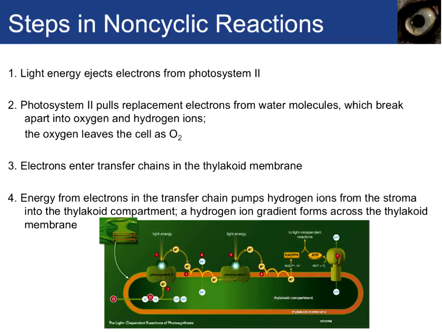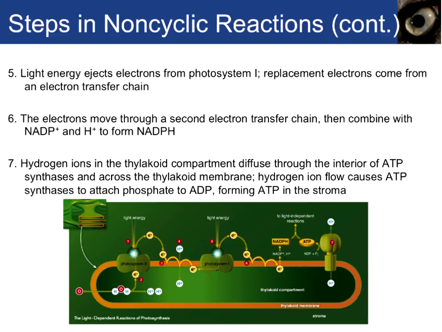So energy from the electrons in the electron transport chain pumps hydrogen ions, so you can see that here. It pumps them from the stroma into the thylakoid compartment, and a hydrogen ion gradient forms across the thylakoid membrane. Then light energy ejects electrons from photosystem 1.